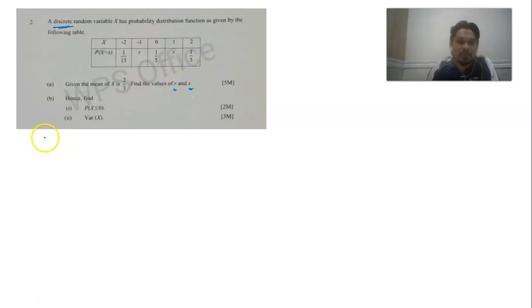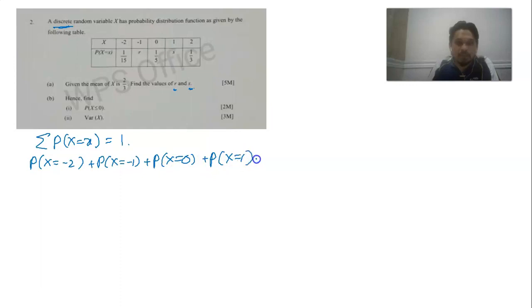So we're going to use the summation of all the probabilities of x equal to 1. Okay, so probability of x at -2, -1, 0, 1, and 2. Probability of x equal to -2 plus probability of x equal to -1 plus probability of x equal to 0 plus probability of x equal to 1 plus probability of x equal to 2, which is equal to 1.